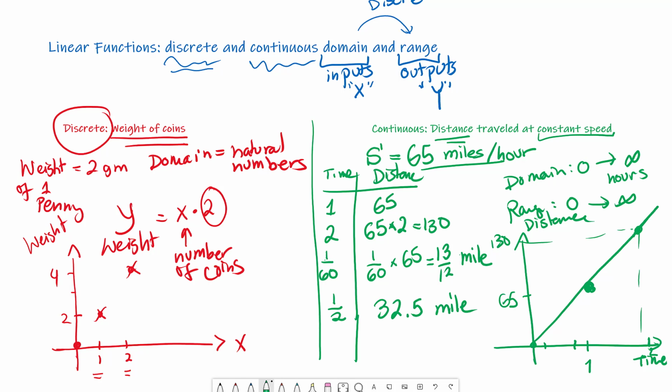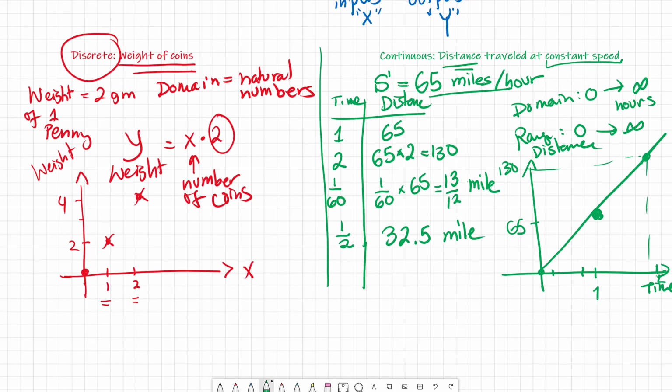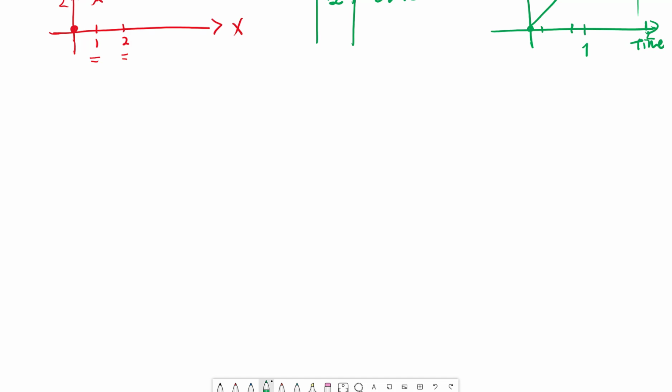Now, I don't know if you remember, but in one of our first examples, we looked at a function that was the cost of parking. And when we look at the cost of parking in a parking lot, let's change our color here to blue. So fee for parking, we assigned the fee as basically a jump in the cost, meaning every hour was $1.